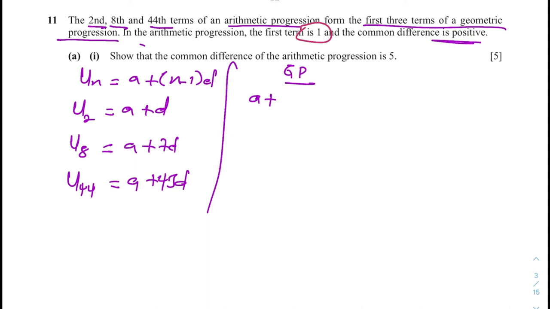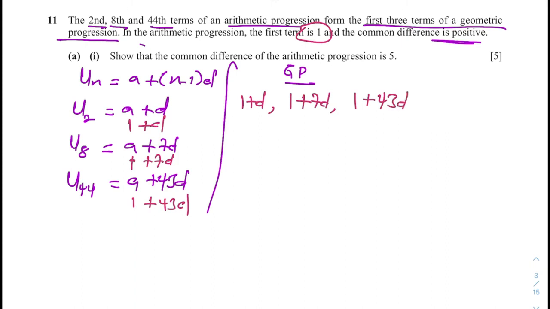That first term is 1. That means we can change our terms to 1 plus d, 1 plus 7d, 1 plus 43d, because the first term is 1. So under the GP, we have 1 plus d, that's our first term, 1 plus 7d, second term, 1 plus 43d, that's our third term.